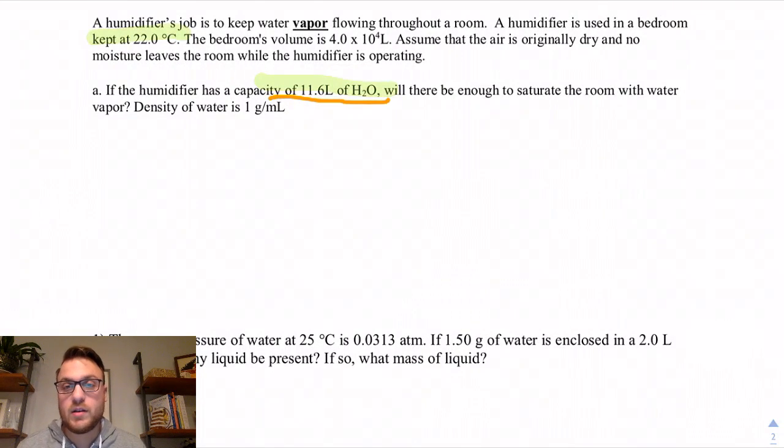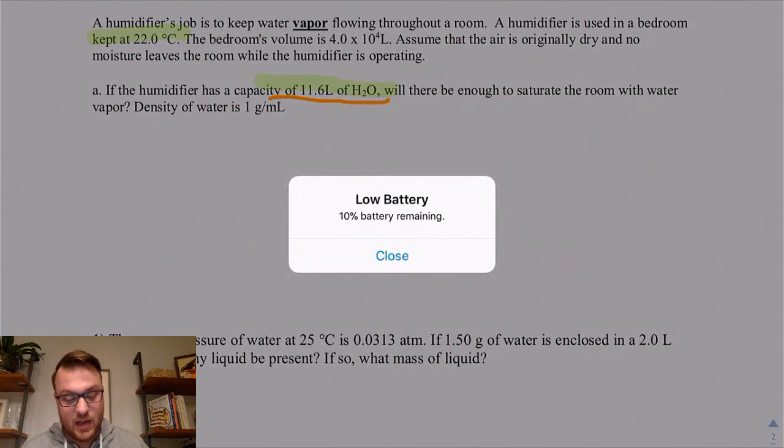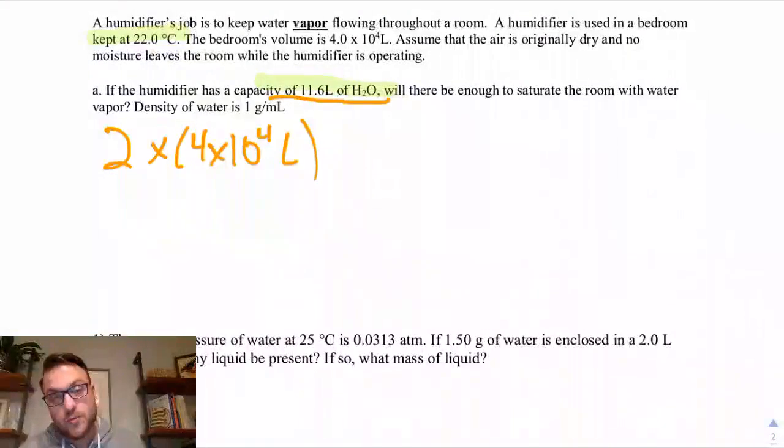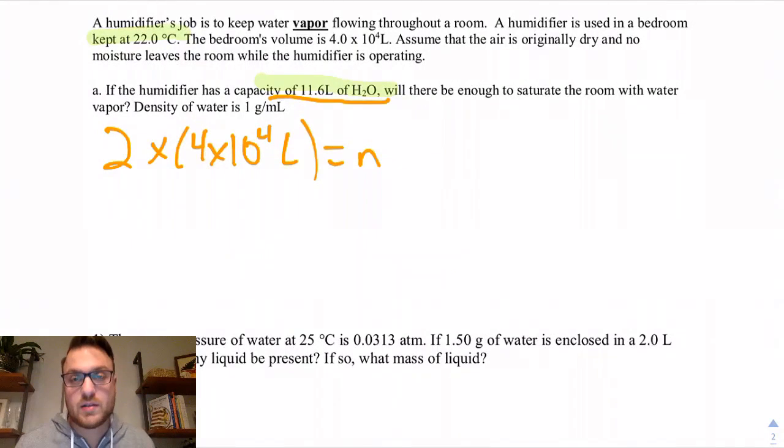The bedroom is 4 times 10 to the 4th liters in volume. You're trying to figure out how much water exists at that pressure, volume, temperature condition. So we don't know how much water is in this room yet. We just know how much pressure it's putting down on you, the vapor pressure.